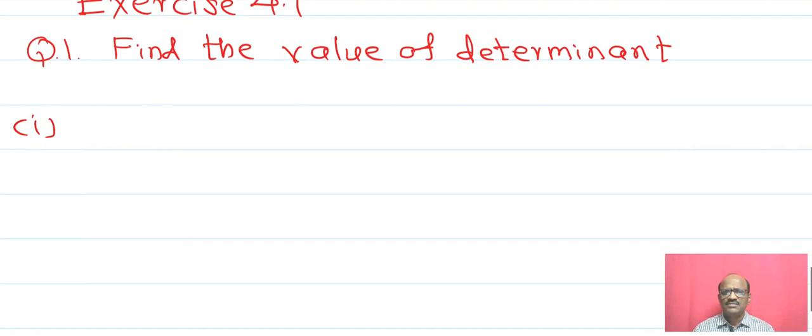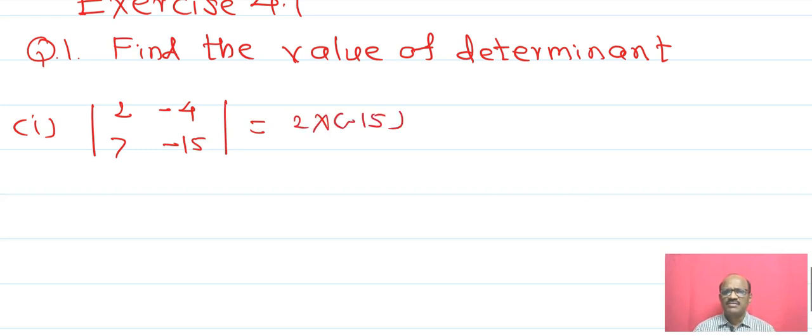The first is 2, -4; 7, -15. That is equal to 2 into -15 minus, in bracket, -4 into 7, that is -30 plus 28.